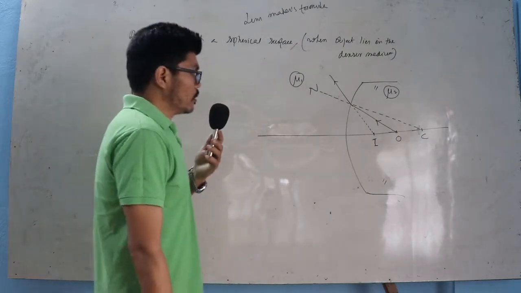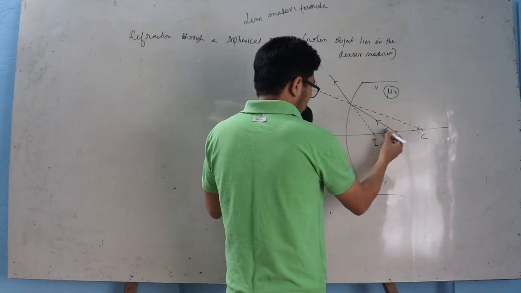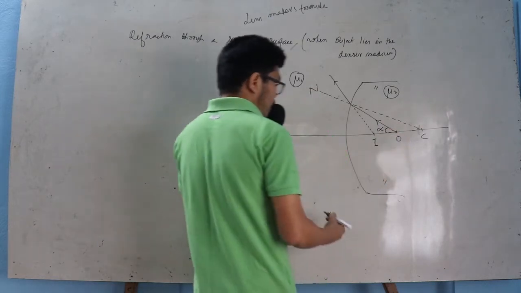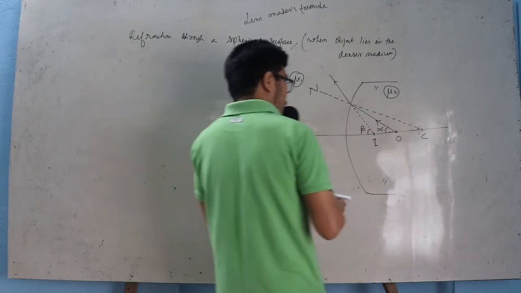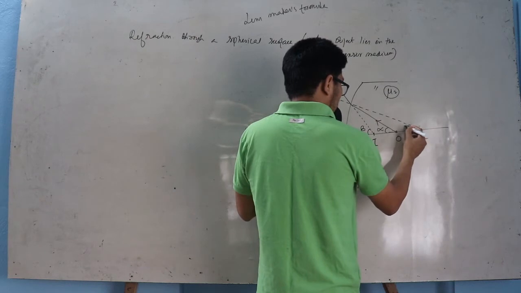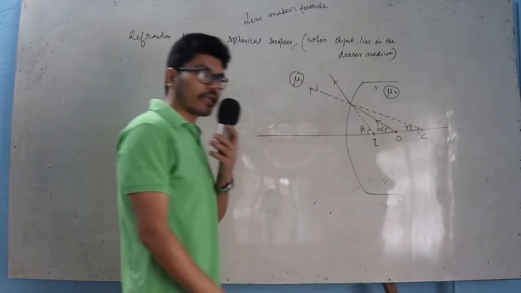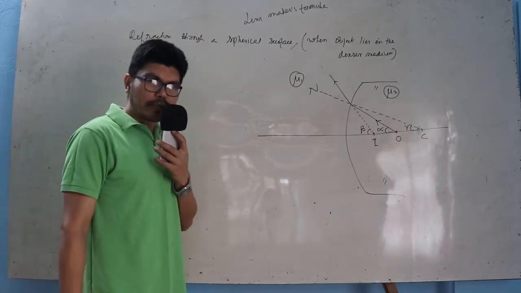C. So generally, angle corresponding with the object we call it as alpha, angle corresponding with the image we call it as beta, and the angle corresponding with this normal we call it as gamma here. So we have got three angles, alpha, beta, gamma. And remember, the assumption will be the same.